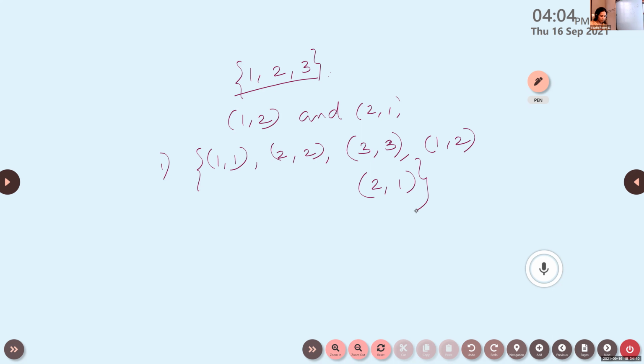Read the question again: the number of equivalence relations in the set 1, 2, 3 containing 1, 2 and 2, 1. Our equivalence relations should contain these 2 elements. Now check whether it is reflexive. Is it symmetric? Is it transitive?